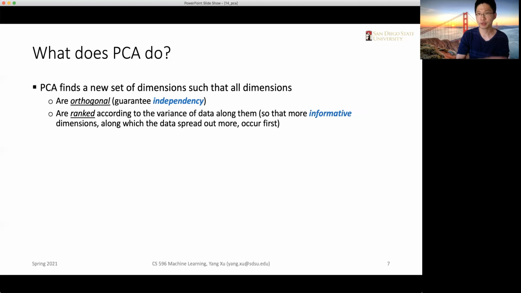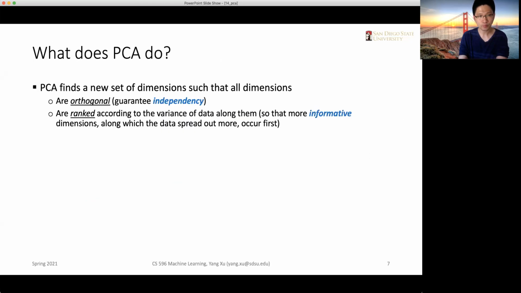In the previous example that we drew on the screen, along the horizontal length dimension there's larger variance as compared to the vertical weight dimension. So if we want to rank these two dimensions, we will rank the length higher, because along that length dimension the variance of the data is higher, which means it explains more about the data compared to the other one.